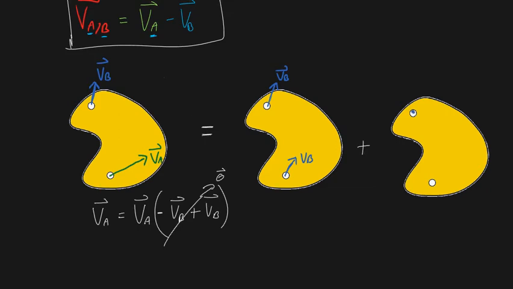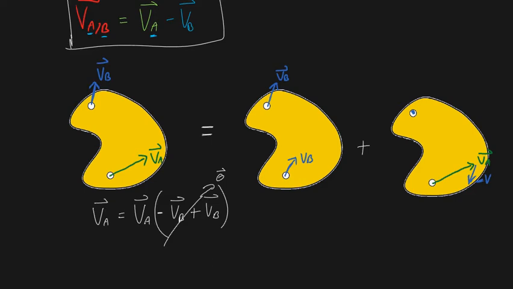So what I'm saying is I can split this movement of this object at this particular point into two types of movement. One is this type, plus no movement here at point B, plus, and let's see what we've got left. It'll have to be VA minus VB. So it'll be plus this movement, VA, and then minus VB. I think it looks something like that.